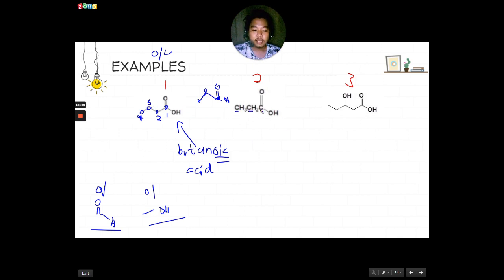So we have 3 carbons, and then a carboxylic group. We count 1, 2, 3, and that's propane. But since it's a carboxylic acid, instead of propane, we drop the E and it becomes -oic. Propanoic acid.